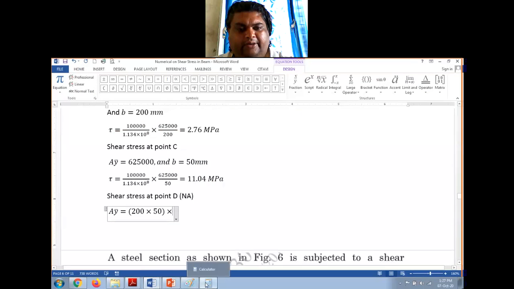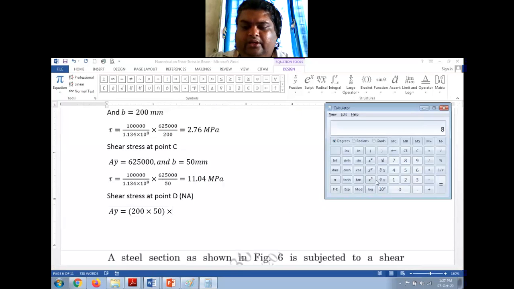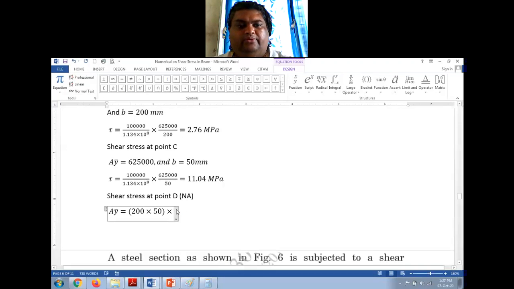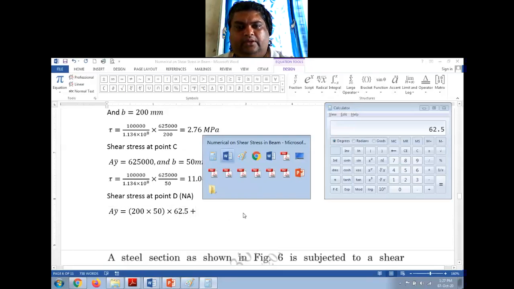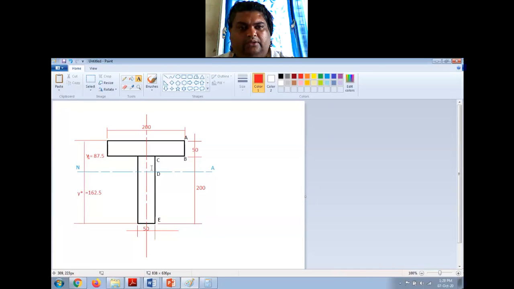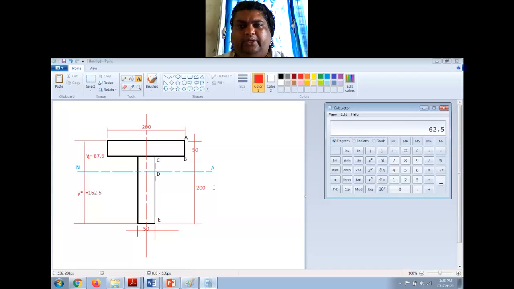I will calculate it and put it, otherwise the equation will become very long. 87.5 minus 25 is 62.5. 62.5 plus the length CD, which is actually 87.5 minus 50, right? From here to here it is 87.5. You subtract 50 from this, you get this height.